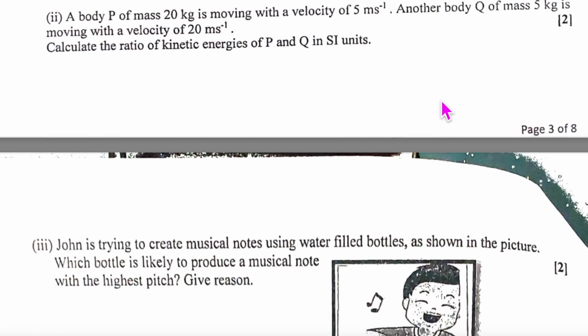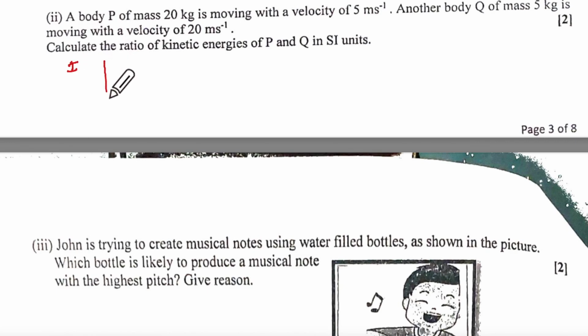Second one, is it a little simpler? A body P of mass 20 kg is moving with a velocity of 5 meter per second. Another body Q of mass 5 kg is moving with a velocity of 20 meter per second. Calculate the ratio of energies.